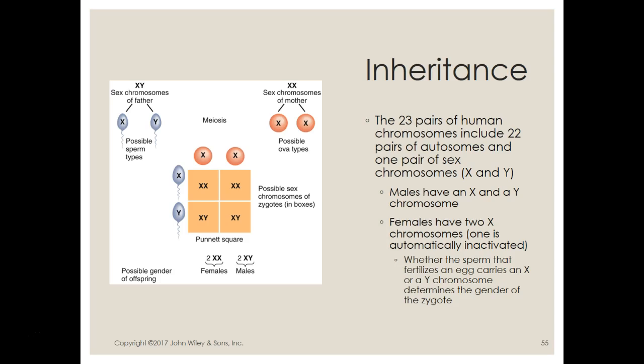In other cases, phenotypic males with an XX genotype, remember XX genotype is female, but they developed as a male, were found to have a small piece of the Y chromosome that included the SRY gene that had gotten inserted into their X chromosome, probably during the process of crossover.